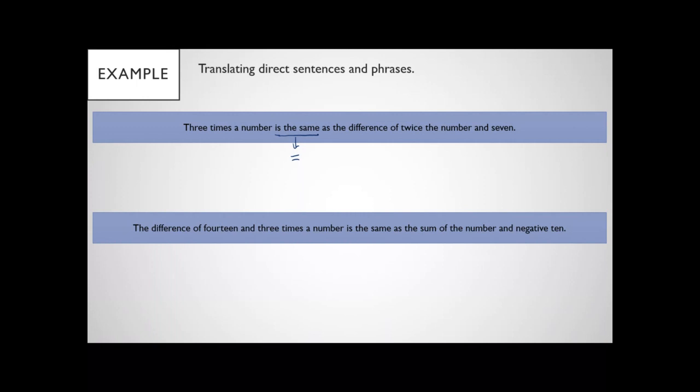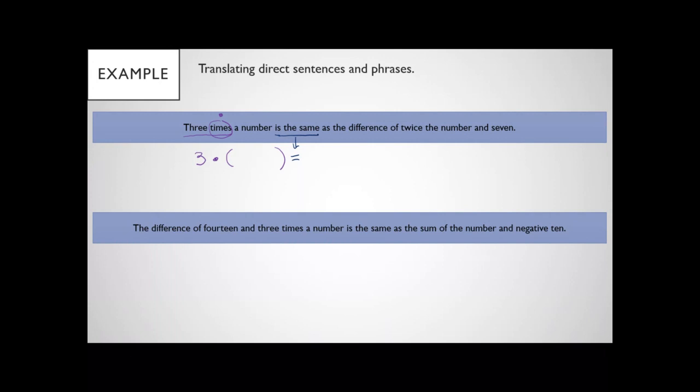So now I'm going to work left to right. 3 times means multiplication, so I'm going to use a dot. That 3 times is going to be 3 and then a dot. Basically I like to put parentheses until I hit the equal sign just to be safe, but I'm going to skip that for now.